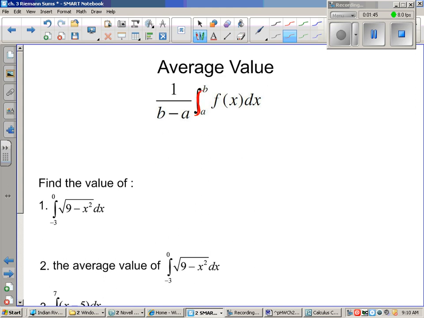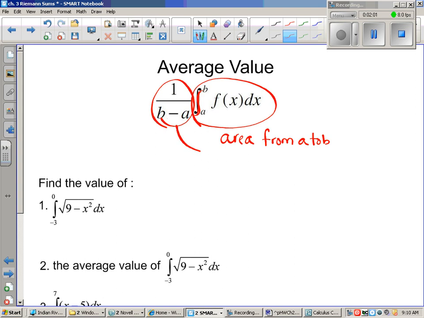This is actually representing the area from A to B, right? And what do you suppose this represents? This is the part that we were just saying, divided by the length of the interval.